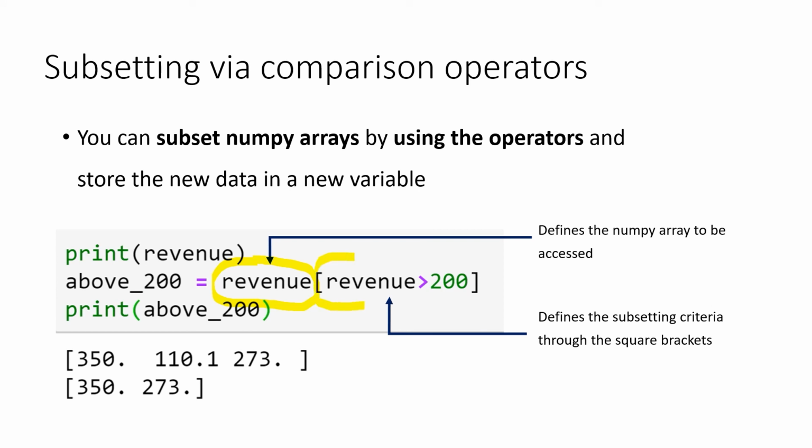And after that, in the square brackets, we define our argument. Meaning, in this case, we would like to have all elements in the list that are above 200. So all elements in our list revenue that are above 200 should be in our output. Now we apply this, and as we can see, 350 and 273, both above 200, are in our new output.